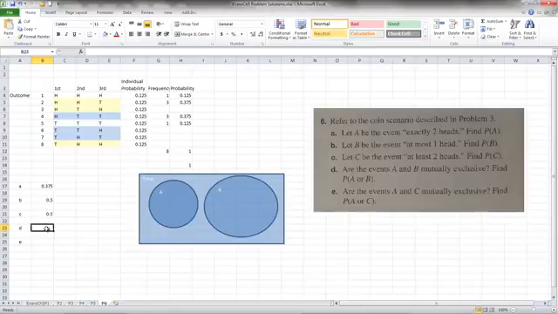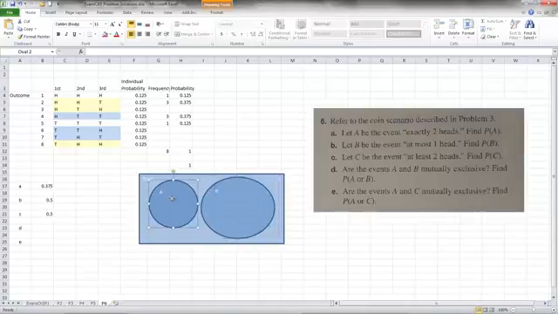Okay, so part D says, are the events A and B mutually exclusive? Find the probability of A or B. What we're going to find out is A was exactly 2 heads versus the situation when you have 0 or 1. Those are exclusive. They do not overlay each other. So this is the probability of A, represented by a circle, and this is the probability of B, by an ellipse here.